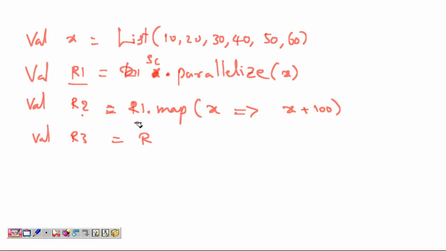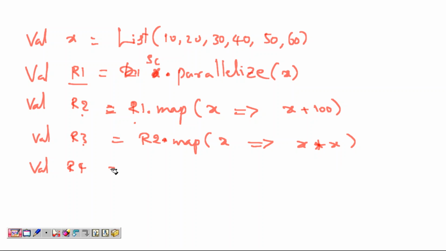For R2, R1 is input; for R3, R2 is input, because I am defining a flow. R2 dot again map. For each element I am squaring; you can say x cap 2 or x star x, simply the square.